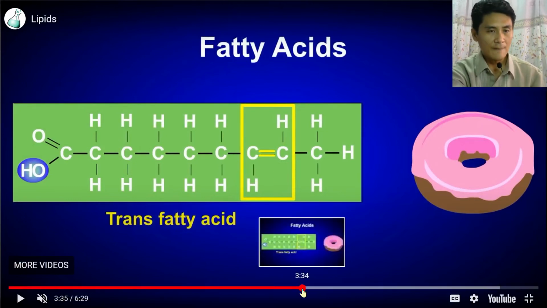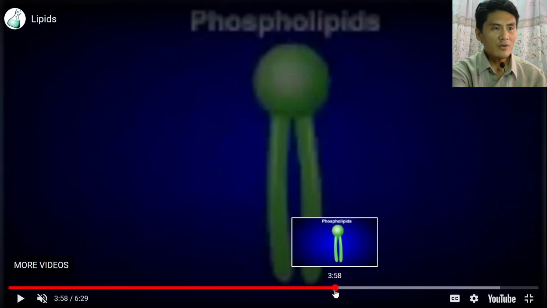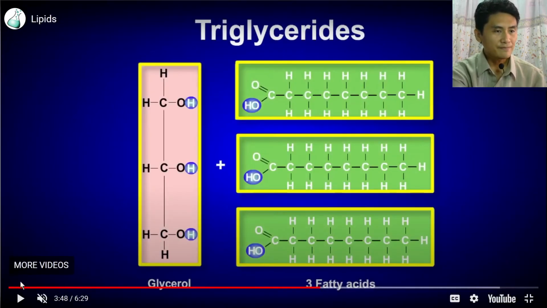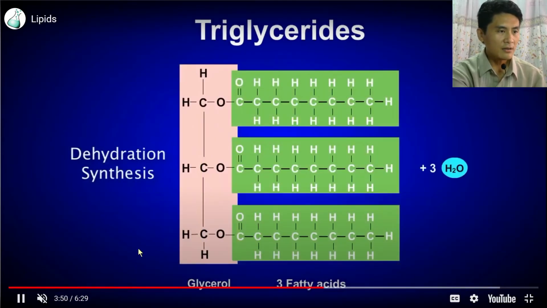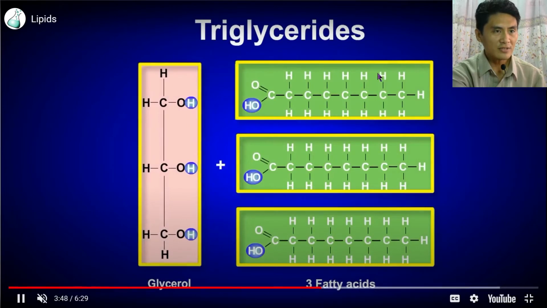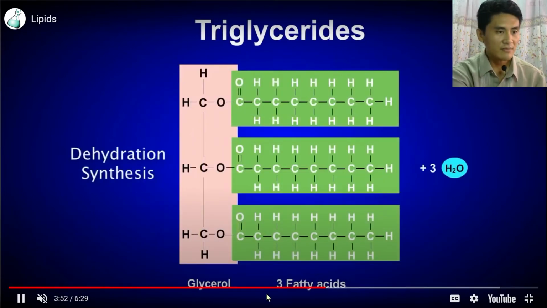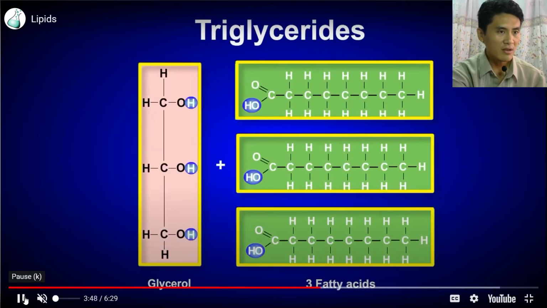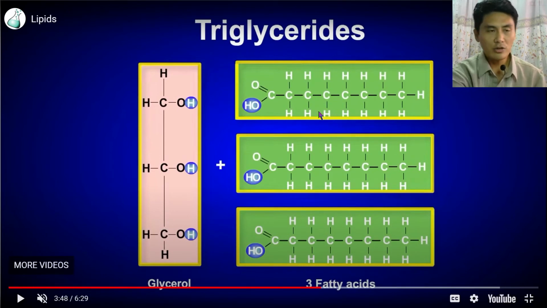So that's the idea. So when you now create the triglyceride, you have three fatty acids, and again, it could be that all of the three fatty acids are saturated, such as what is shown in the video. All of them are saturated. It could be that all of them are unsaturated, or it could be that one is saturated, the other two are unsaturated. So it could be a combination of both.